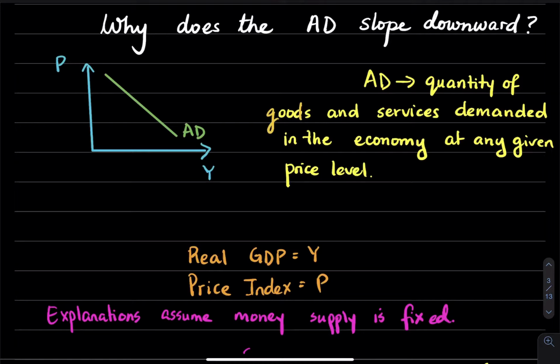You can think about the demand for goods and services as being reflected in the real GDP, Y, which is the sum of consumption, investment, government spending, and net exports. And the price level is just any type of price index like the CPI or GDP deflator.